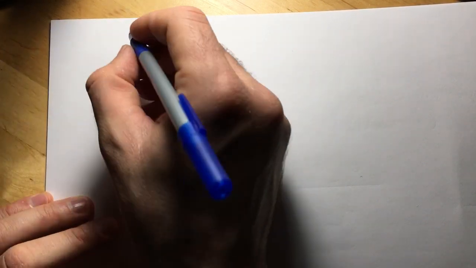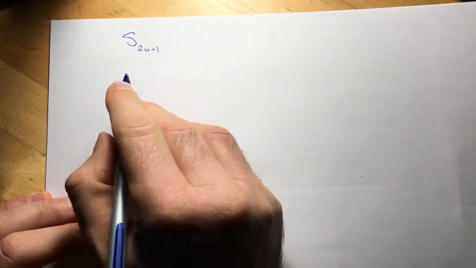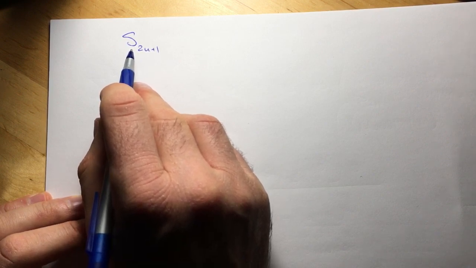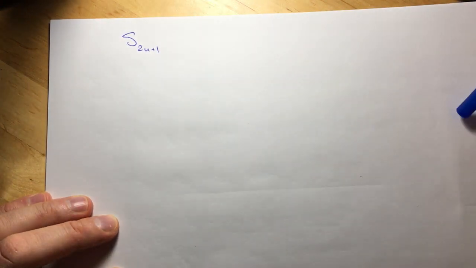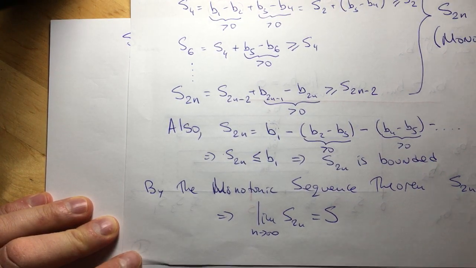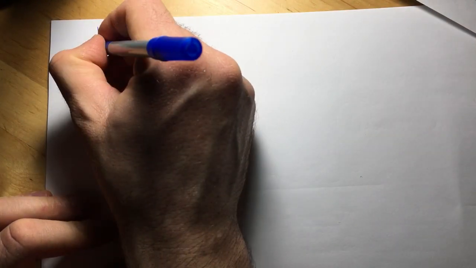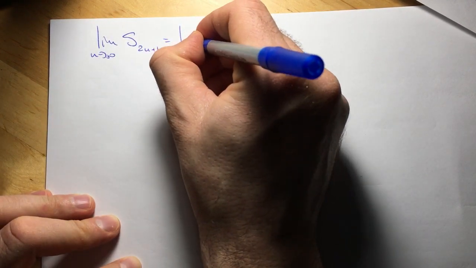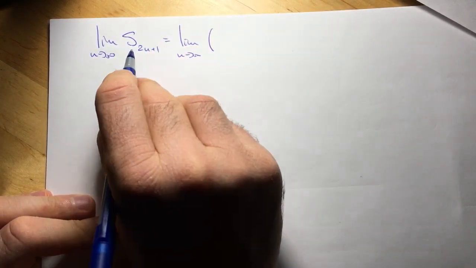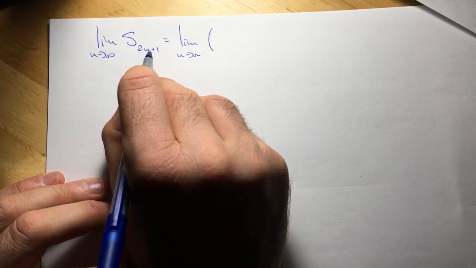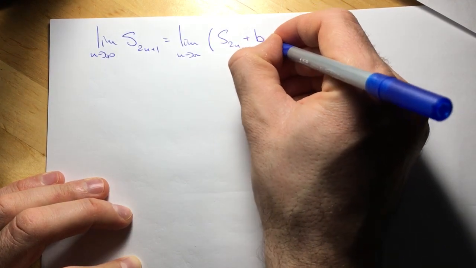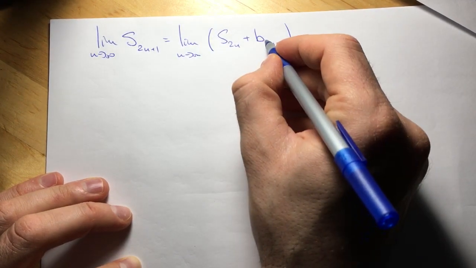Okay, so let's do that. Let's check whether we are able to show that S of 2n plus 1, the sequence of odd partial sums, is also convergent. As a matter of fact, not only convergent, but converges to this value here, the value S. Okay? So I want to find the limit as n goes to infinity. That's equal to the limit. What is S of 2n plus 1? It's S of 2n plus b of 2n plus 1, the next term. Okay?